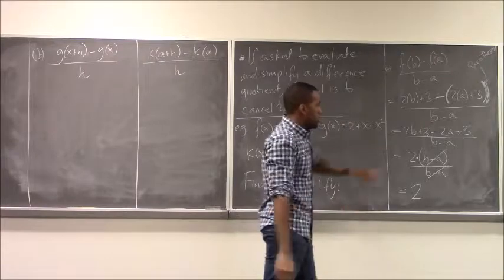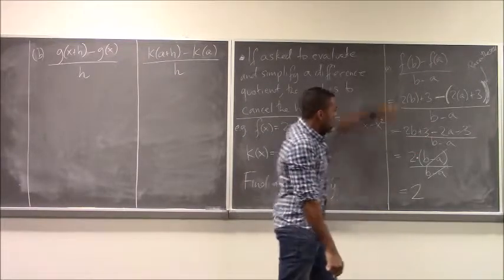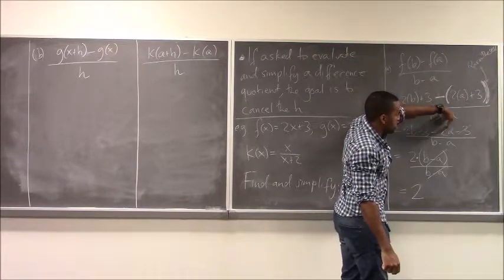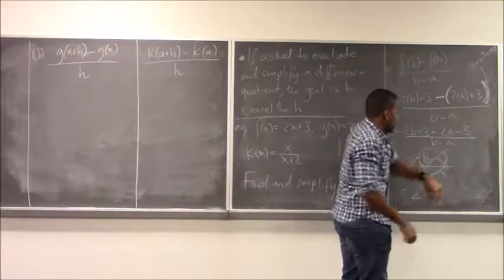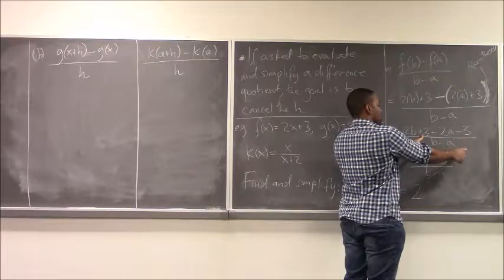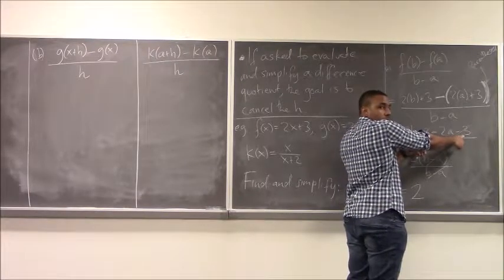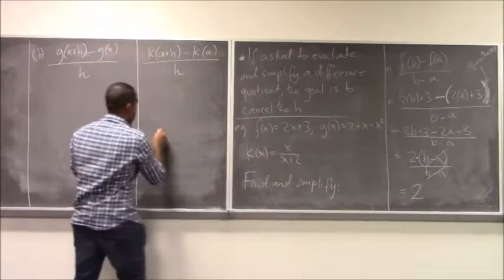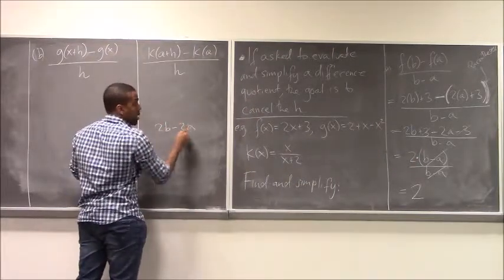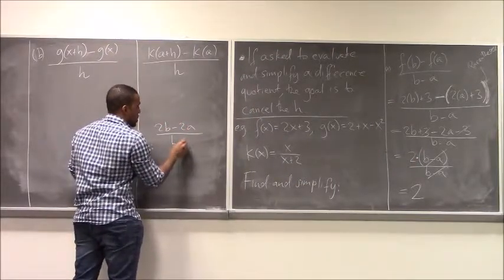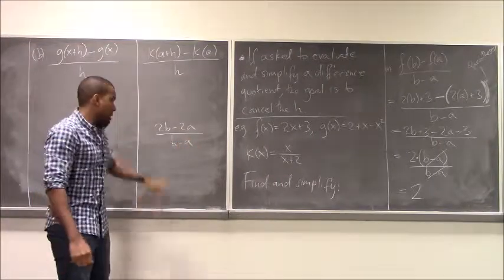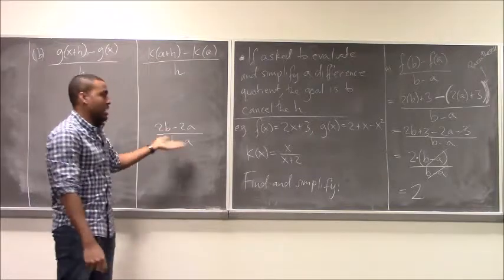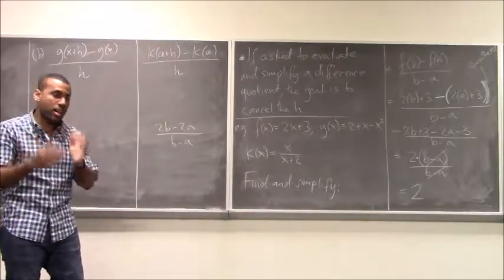Okay, so we do this guy. What we did first here is expand the parentheses, so the negative sign comes from this next guy. So now we have a plus 3 and a minus 3, so they just kill it. And what we have, you will notice that we have 2b minus 2a over b minus a. But we need to simplify, we need to cancel the denominator. And so you really want to cancel, but you can't cancel because there are sums, so you want to really factor things.